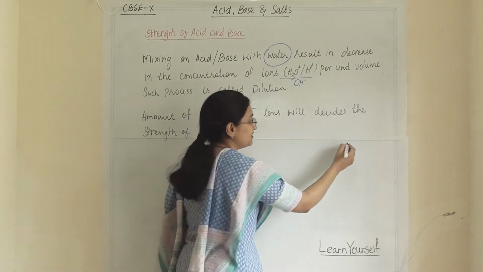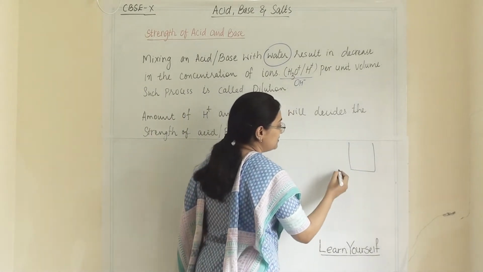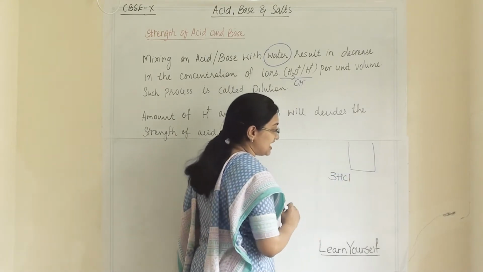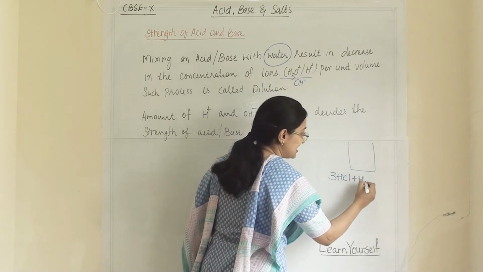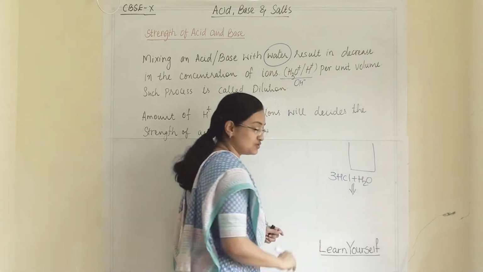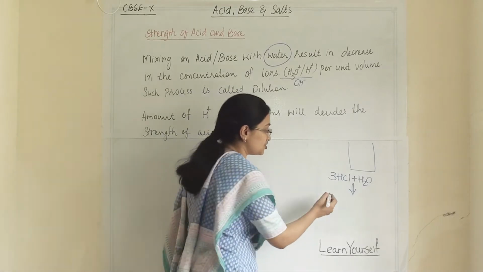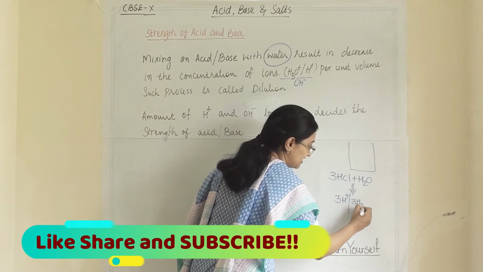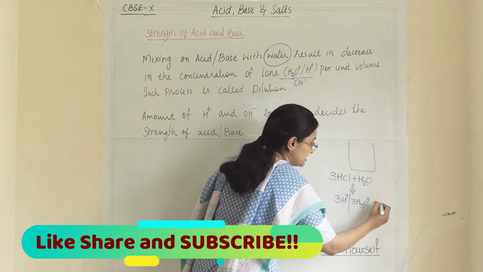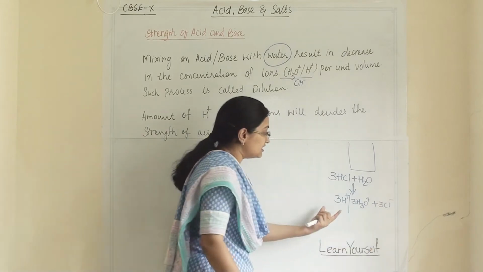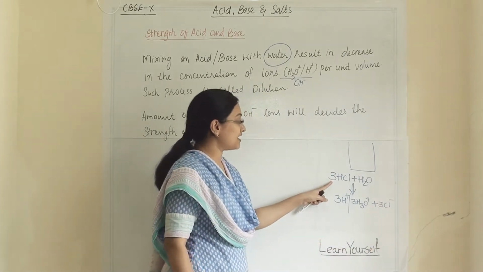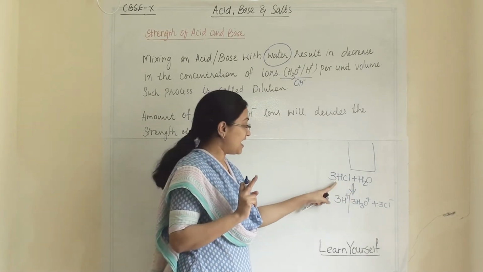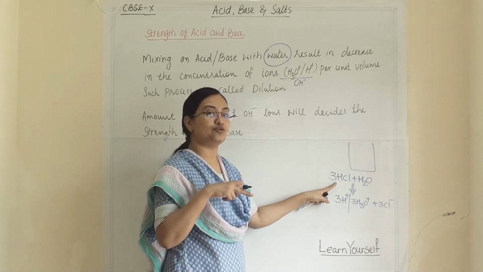That means if this is a beaker and you took 3 molecules of HCl, when it reacts with water, as a dissociation product, as an ionization, you will get 3 H plus or 3 hydronium ions plus 3 Cl minus. This will be your product when you are adding 3 molecules of hydrochloric acid in water.